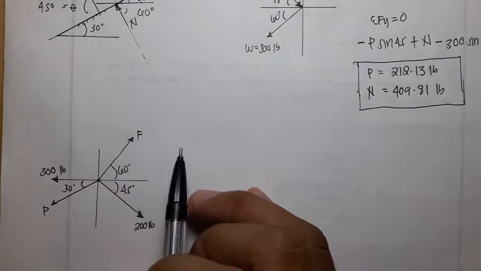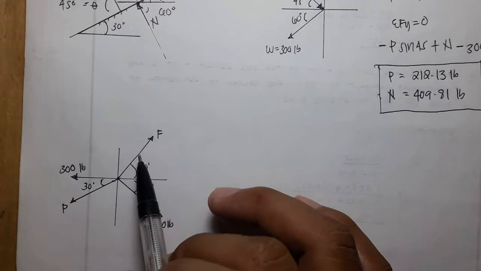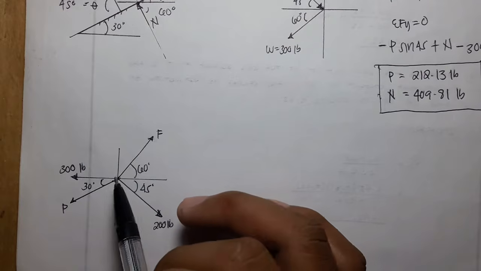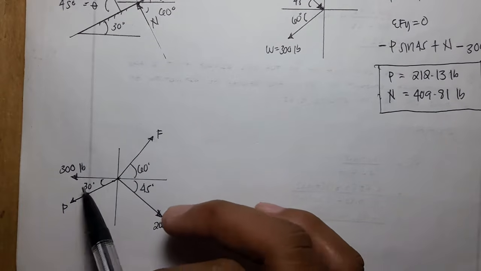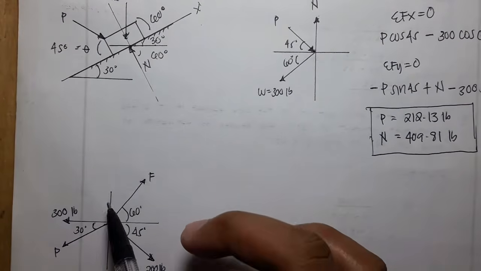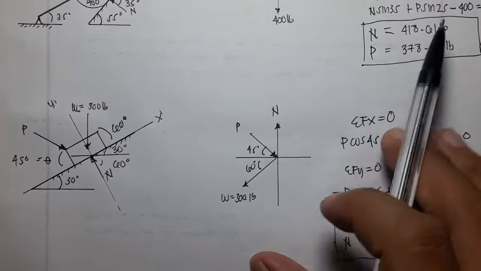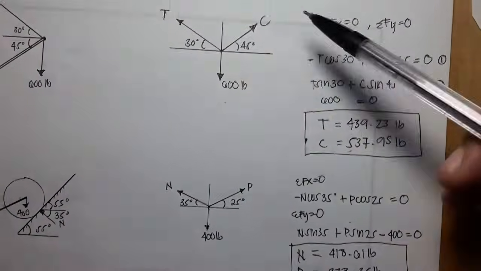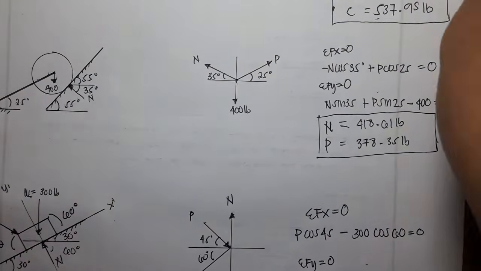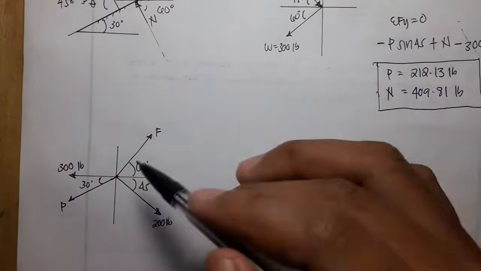So in here, as you can see, we already got the angle for all. So the difference is this problem has 4 forces than the previous 3 problems. But still it is just easy.